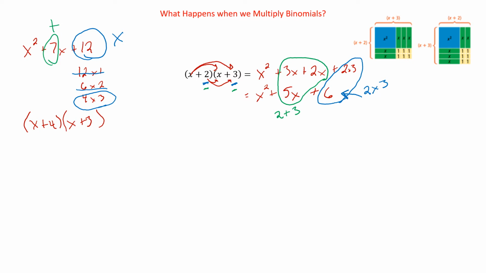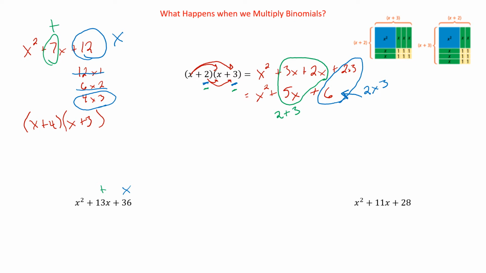So try a couple. I know we've only seen one example, but give it a shot. We'll go over it in just a minute. But try x squared plus 13x plus 36. Remember, you're looking for two numbers that will multiply to give you 36 and add to give you 13. I'd start by thinking, all right, what multiplies to give 36?